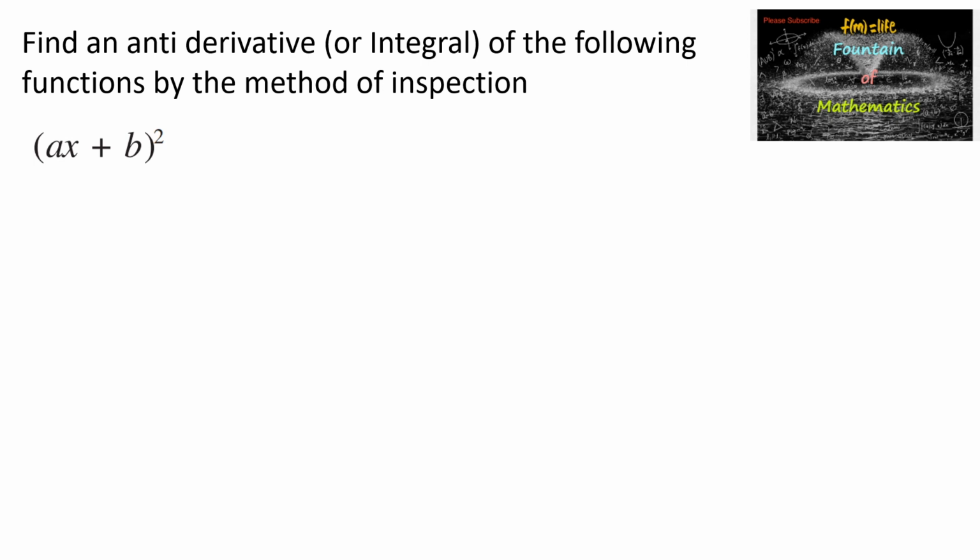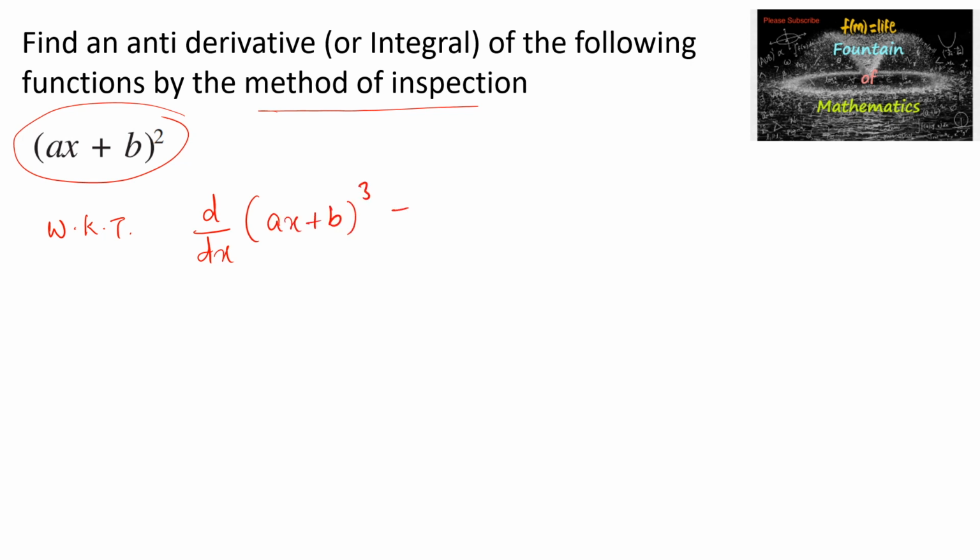Find an antiderivative or integral of the following function by the method of inspection: (ax plus b) whole square. Let's take the derivative. We know that d by dx of (ax plus b) whole power 3 we can write as 3 times (ax plus b) whole square into the differentiation d by dx of ax plus b, by using the chain rule method.